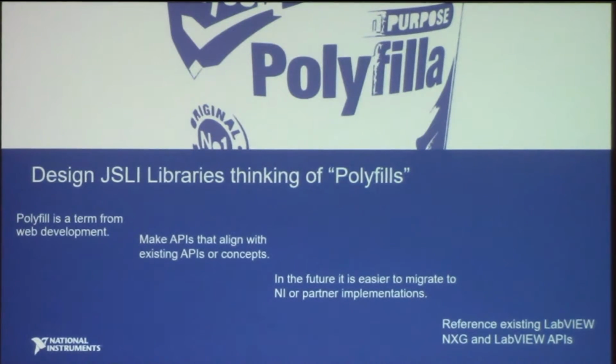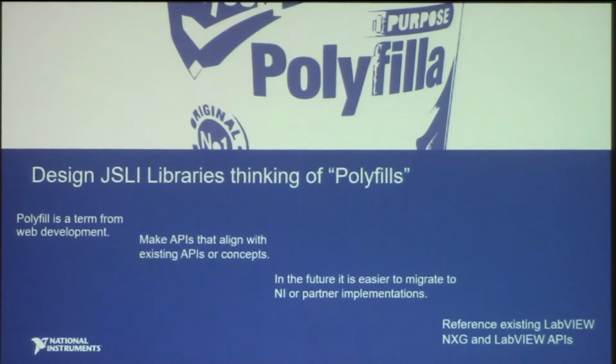So another thing to keep in mind comes from the web development area. It's this idea of polyfills. You don't have to read in too deep. The idea is when you're creating APIs for things that are filling in for other pieces, try and give them a similar API. If you're writing an API to do parsing of CSV files, try and make it like the desktop API already has.